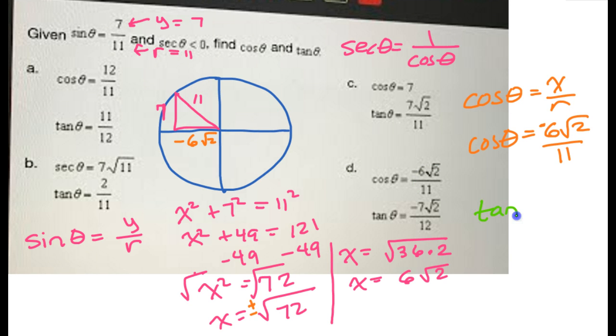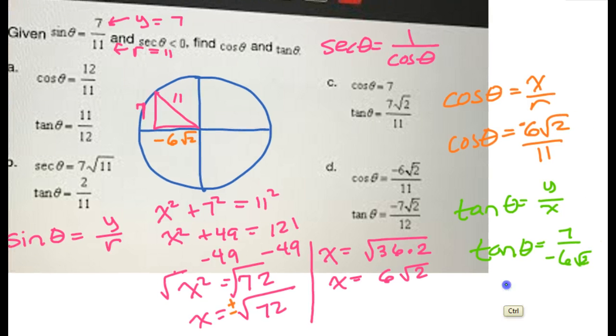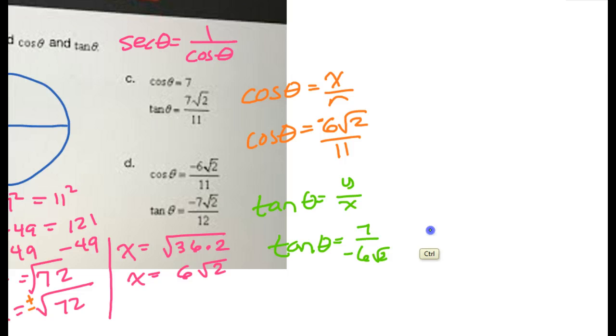What about tangent? Well, tangent is y over x. So that means that tangent is going to be 7, we knew that y is 7, over x, which we just discussed is negative 6 radical 2. Now, often they do something called rationalizing the denominator, and so I better do that.